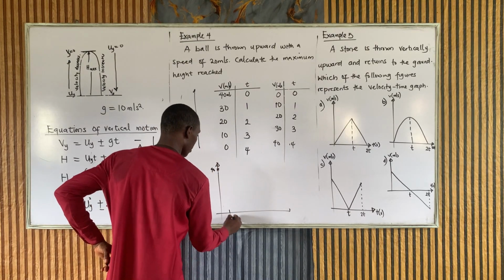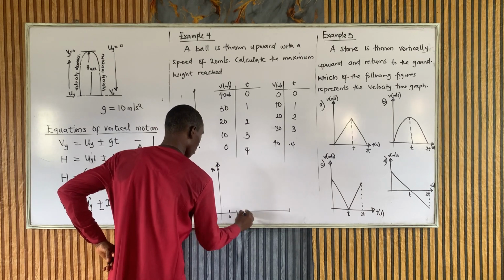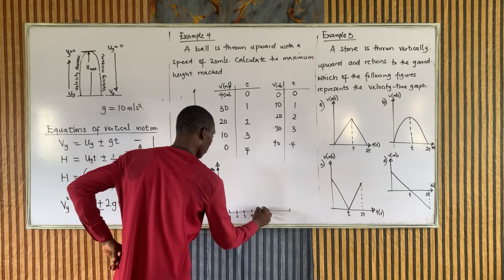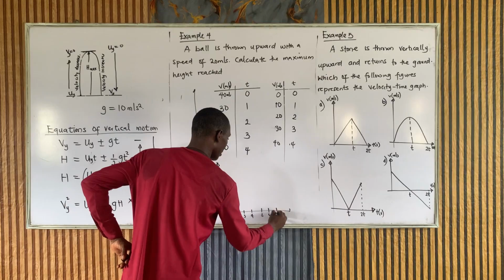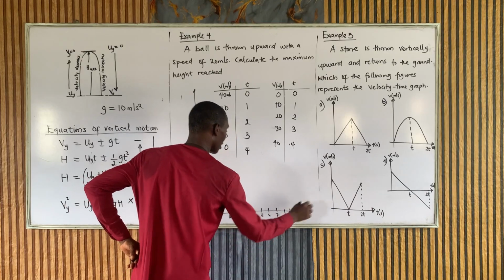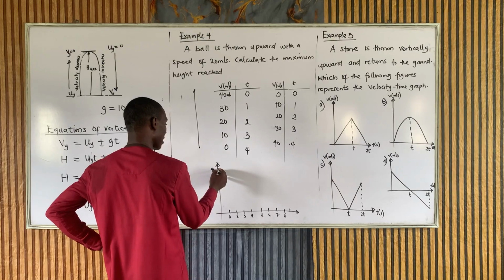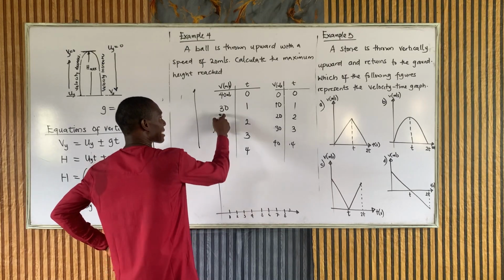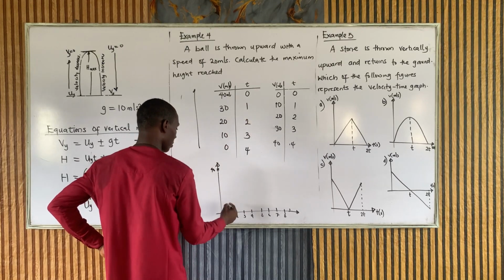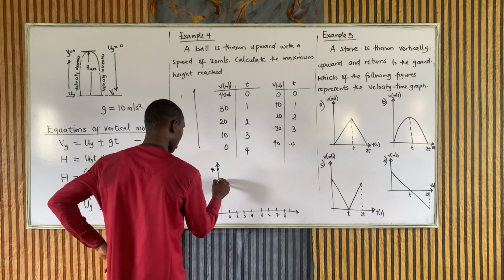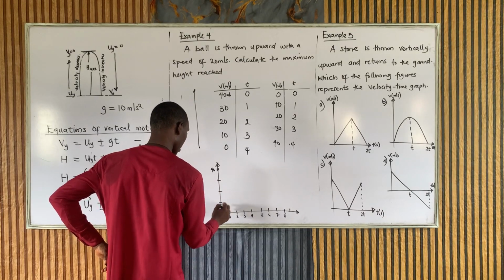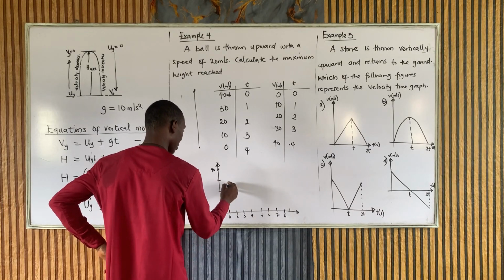This is my 1, 2, 3, 4, 5, 6, 7, 8, the time, on and on. Now, at 40, time is 0, so this will be this. At 30, what will be the time? 1. Somewhere here, this is 40, 30, 20, 10, and 0. So, it is here.